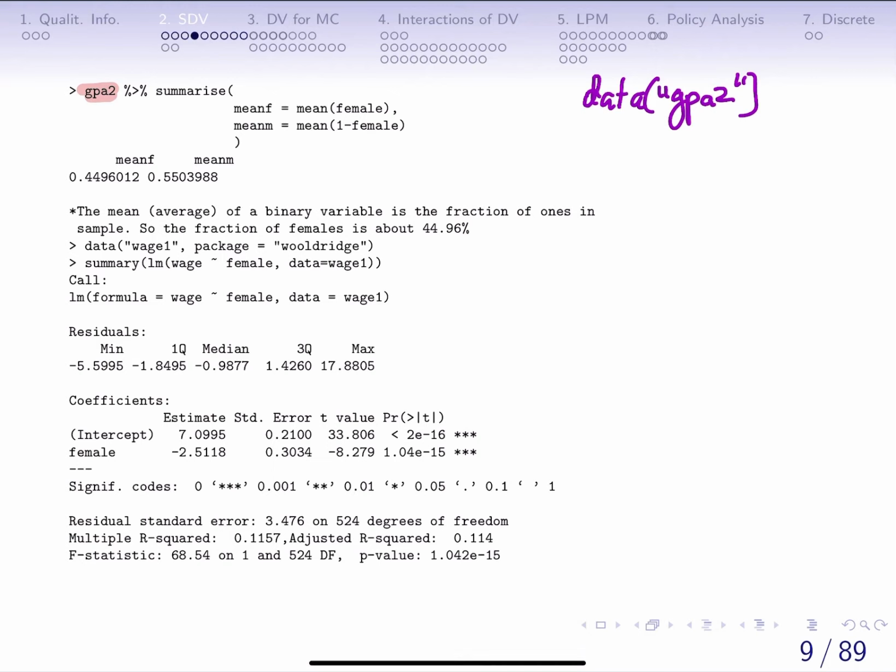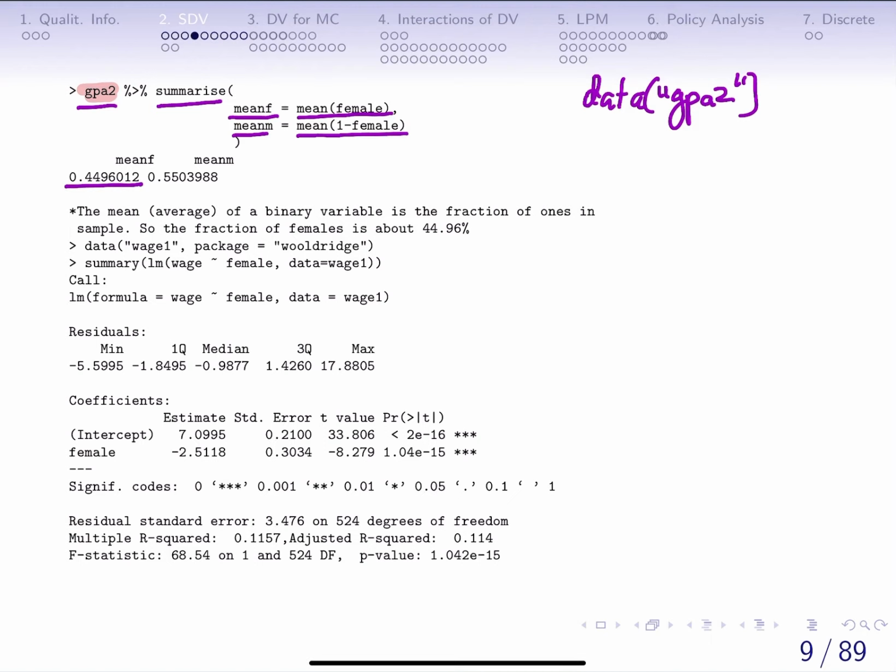And then once that's loaded in your working directory, we can take GPA2 and we can summarize, create meanF as the mean of female and meanM, which is the mean of males, as the mean of 1 minus female. So here you get 44.9%.